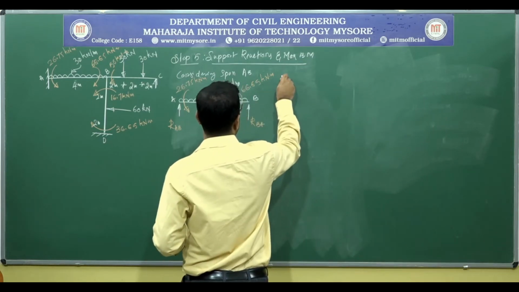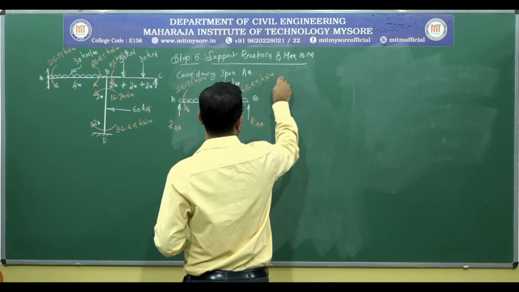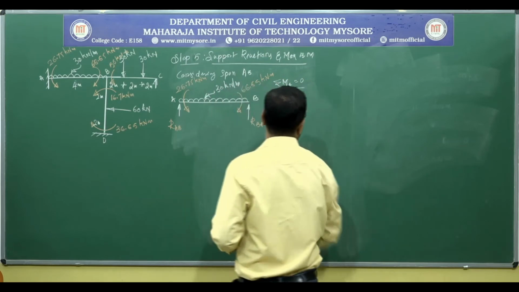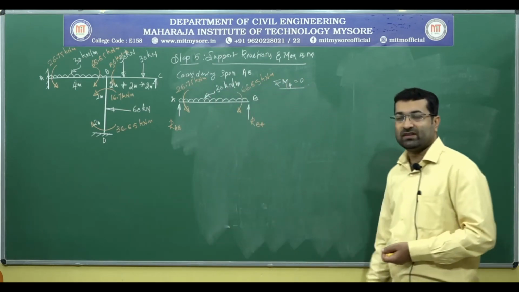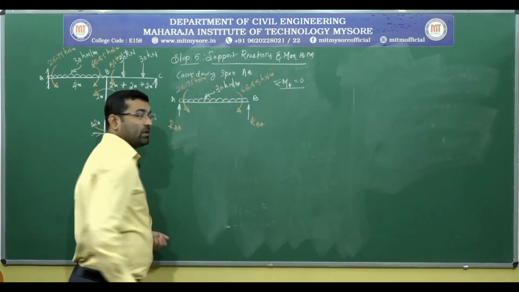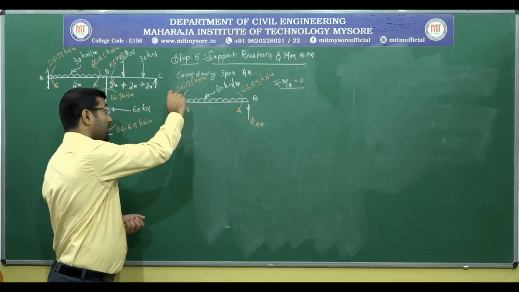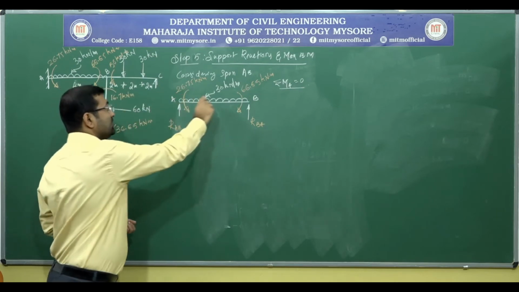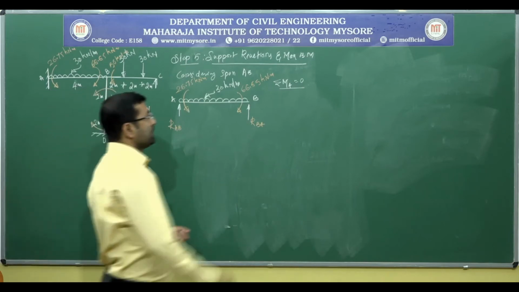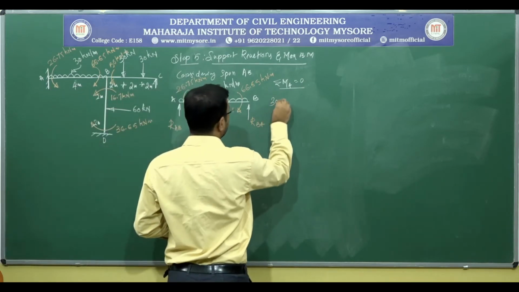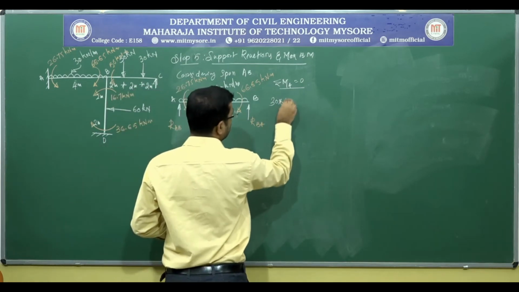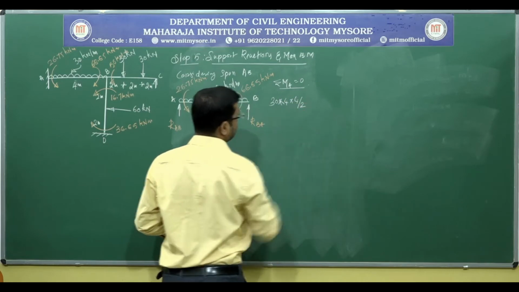Here if I impose the moment condition, that is the algebraic sum of moments at A must be equal to 0, then you can see this 30 kilonewton per meter load creates a clockwise moment about A. So it is 30 into 4, its span, acting at a distance of 4/2.